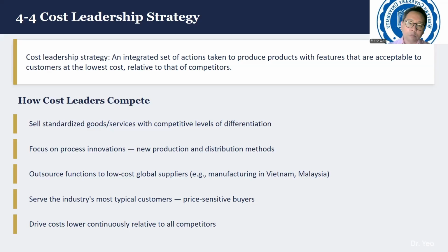I gave you an example in the previous lecture with Nike. Nike doesn't manufacture in the US because they know their manufacturing cost is 3 to 4 times higher than manufacturing in other emerging countries like Vietnam or Indonesia. So they outsource instead of manufacturing in-house. Finding the cheapest global suppliers is one of the strategies.